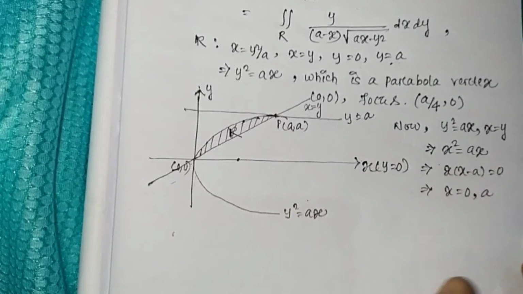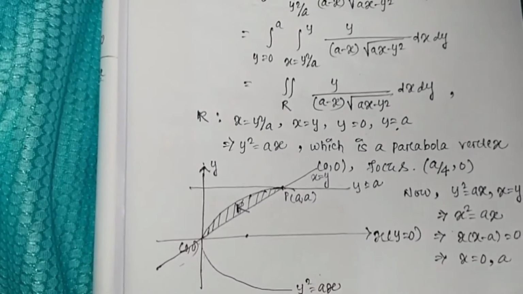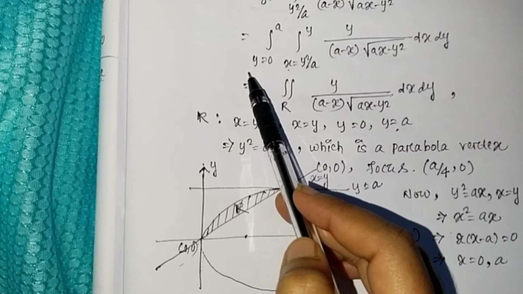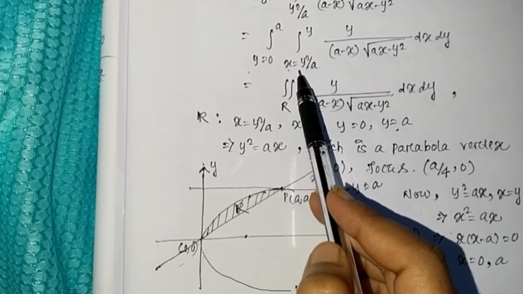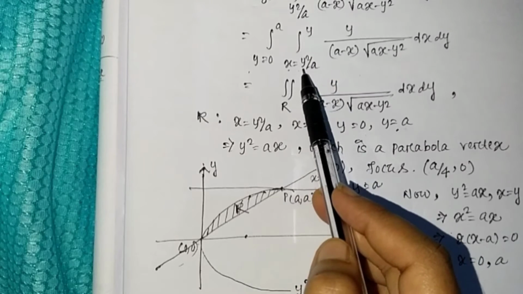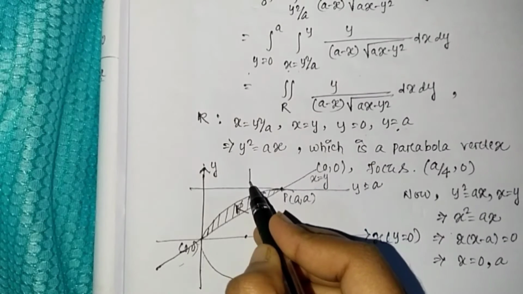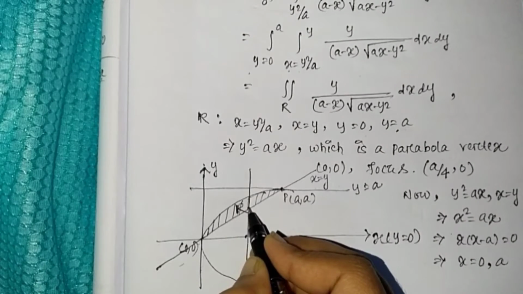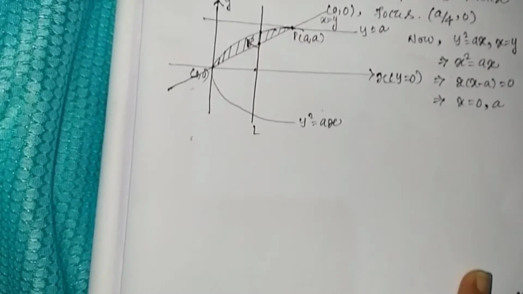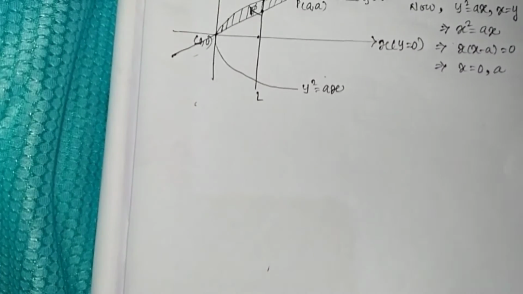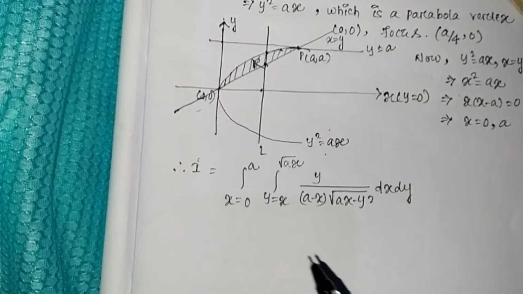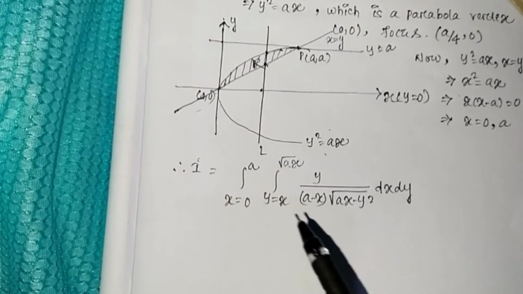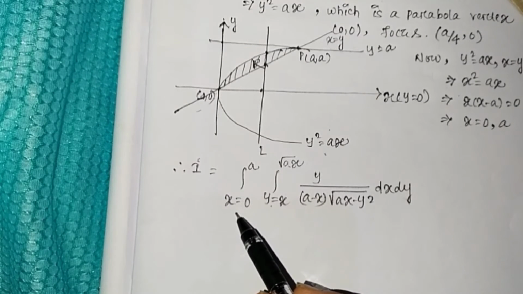Now we change the order. First we find the limit of y, then we find the limit of x. For finding the limit of y, first we draw a line parallel to the y-axis. Now our I is equal to, first we write the y limit, then we write the x limit.